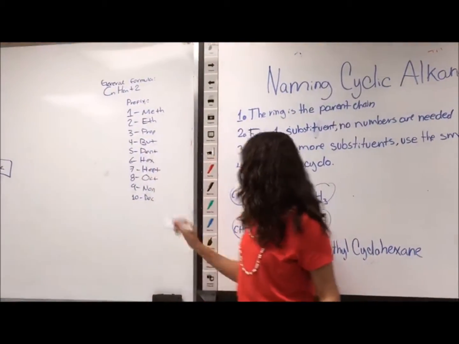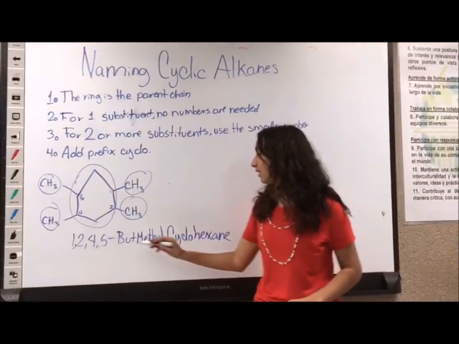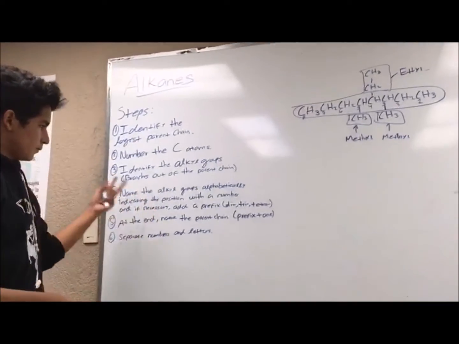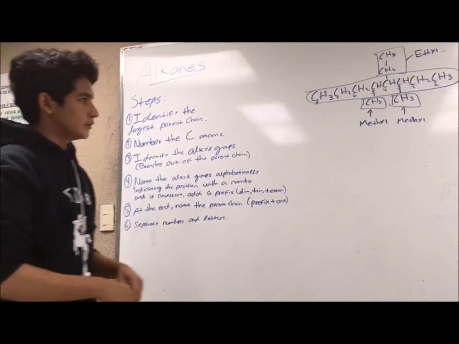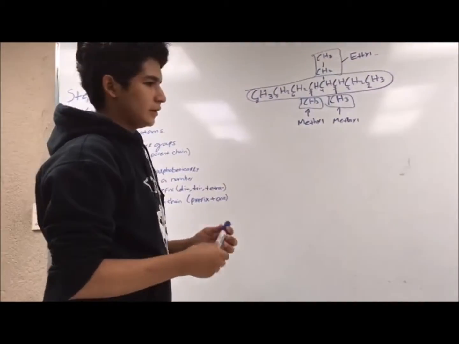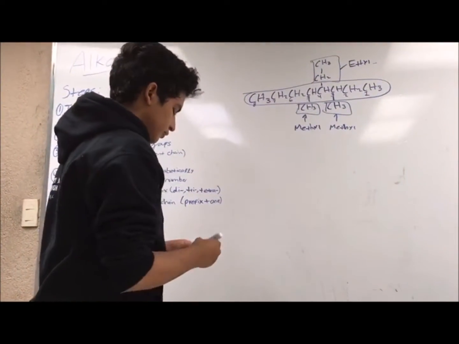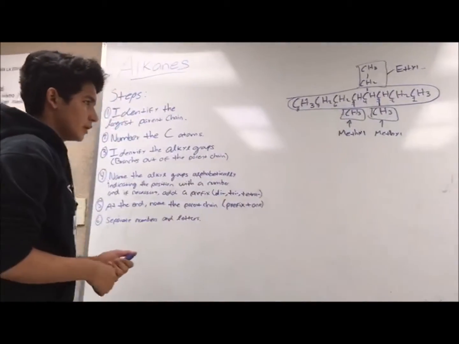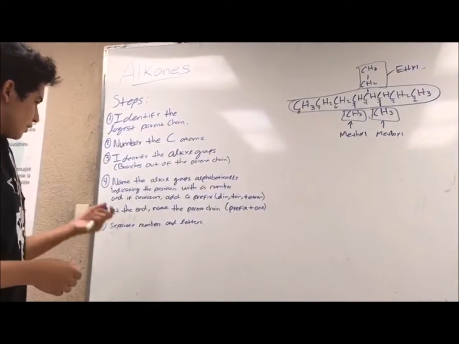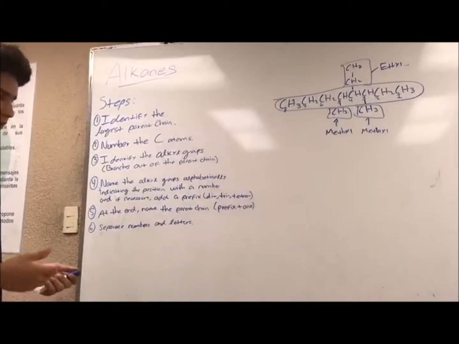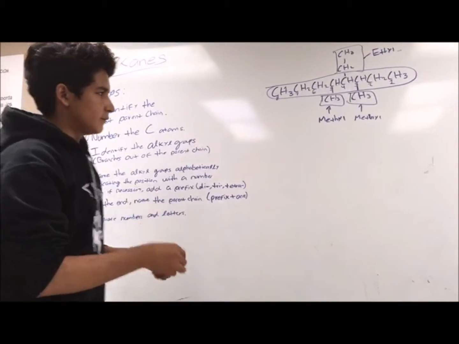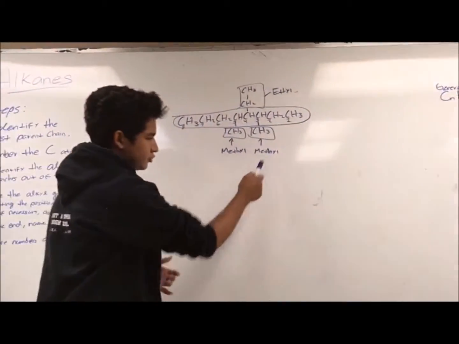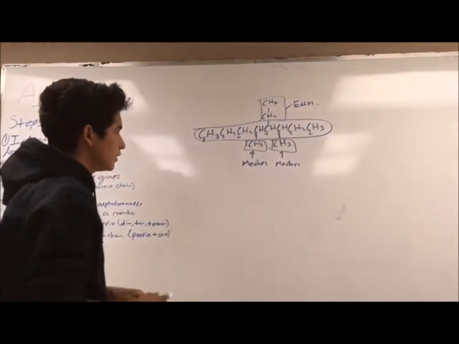and since I have 4, I'm going to choose a prefix. It's going to be but. So it's 1, 2, to order the alkyl groups alphabetically. So E comes first. So I'm going to write the alkyl group, which is ethyl, with the number of the position, and if necessary, a prefix that says, for example, this one has 2 methyl, so I'm going to use a prefix.